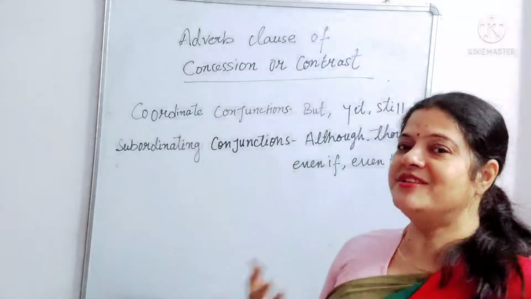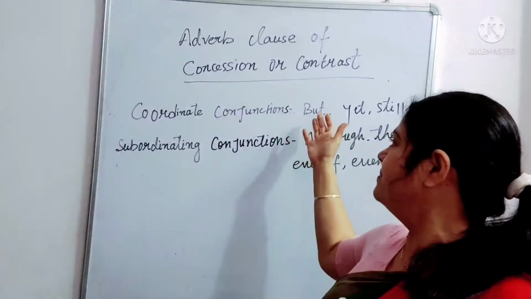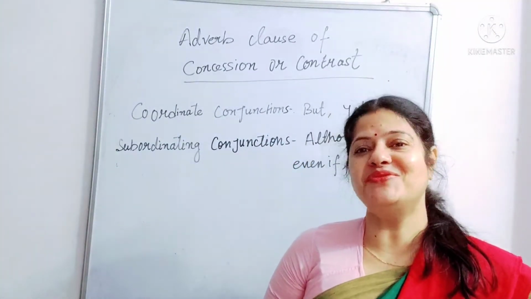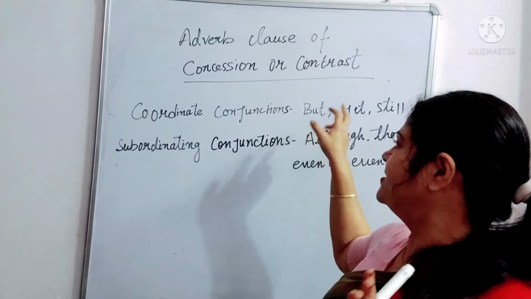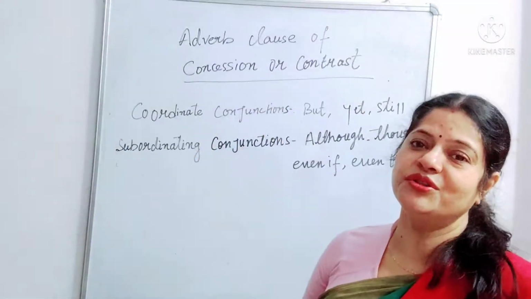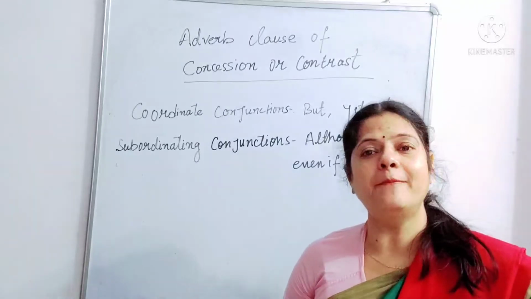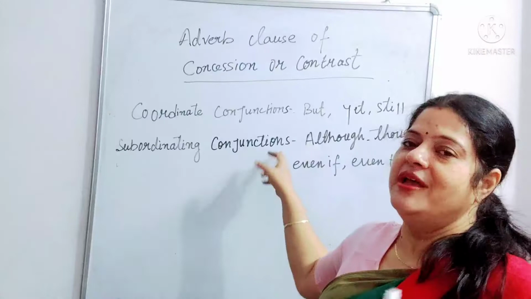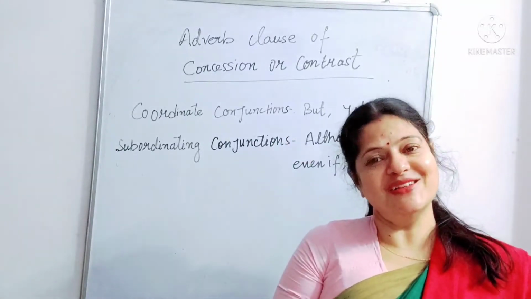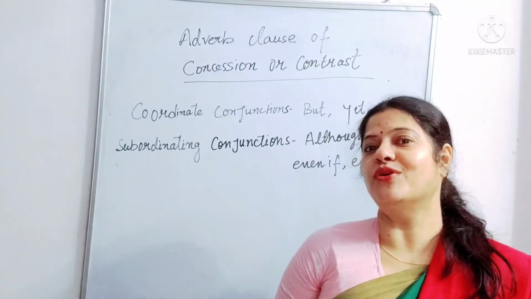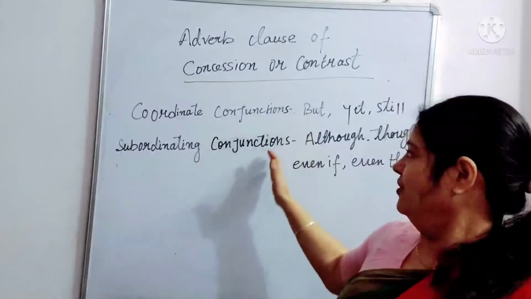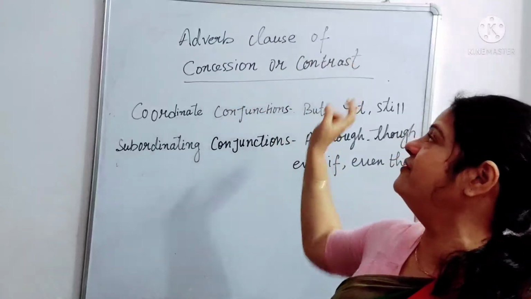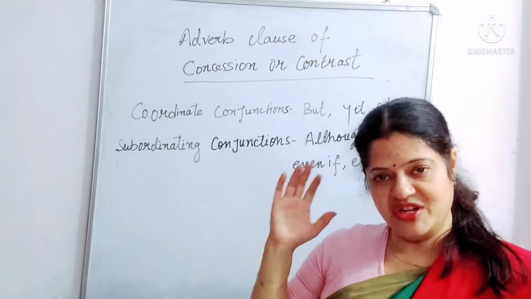So you will be quite surprised to see that I have written this coordinating conjunction on the board, because it is used for compound sentences. And here is subordinating conjunction. But stay tuned till the last of this video, so you will get to know lots of things about using coordinating conjunction and subordinating conjunction in adverb clause of concession or contrast.